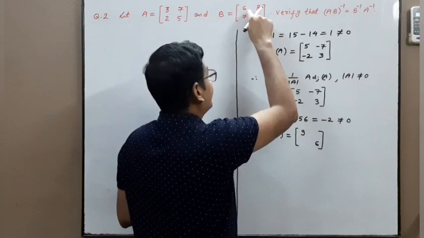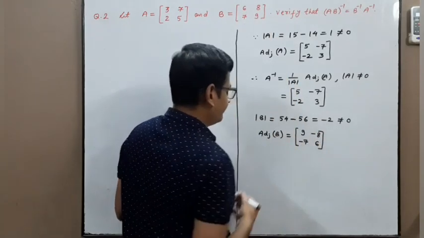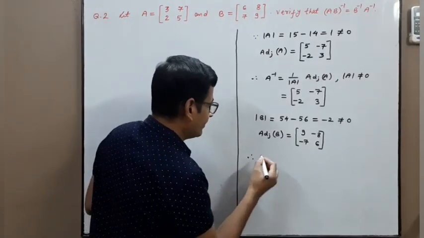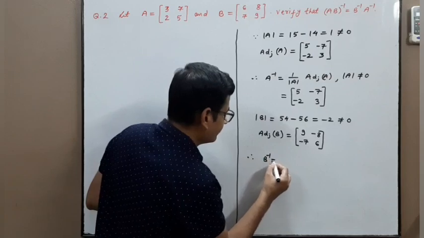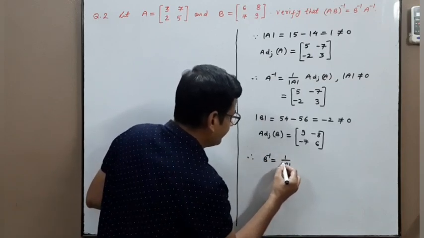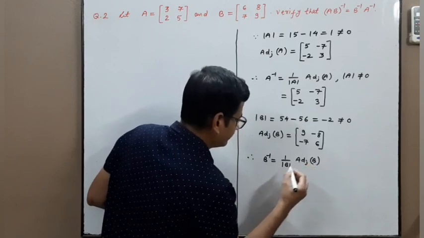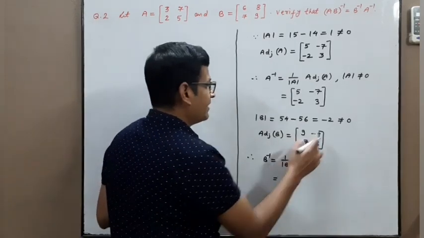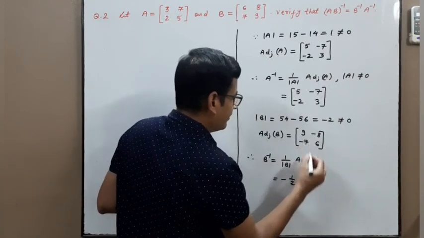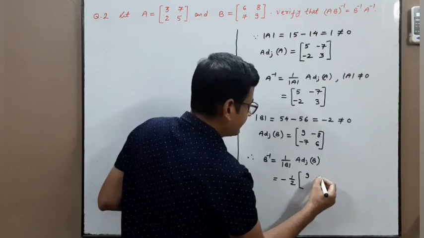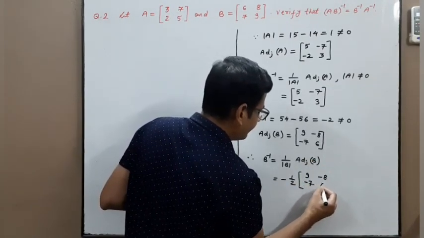Change the position of 6 and 9 and change the sign of 8 and 7. Therefore B inverse is equal to 1 upon determinant B into adjoint B. Now determinant B is minus 2, meaning minus 1 upon 2, 9 minus 8, minus 7 and 6.